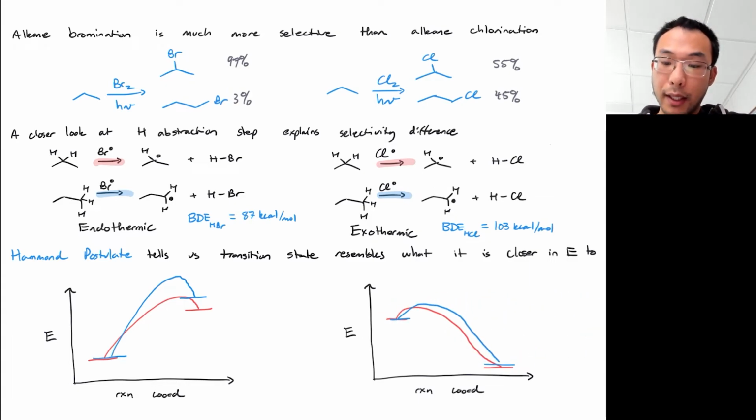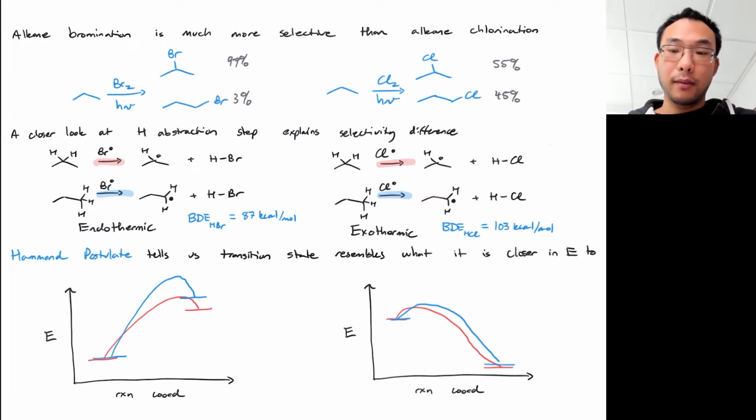But because my starting point is closer to the transition state, the transition state is going to look like my starting reactants, and it's also going to be more on the left of my reaction coordinate diagram. So my transition state is just going to look like the reactants, and the reactants are the same in both of these reactions. The difference here should be very small.